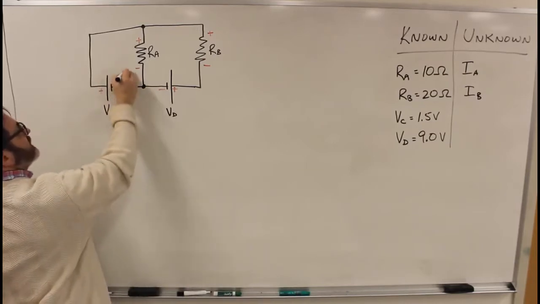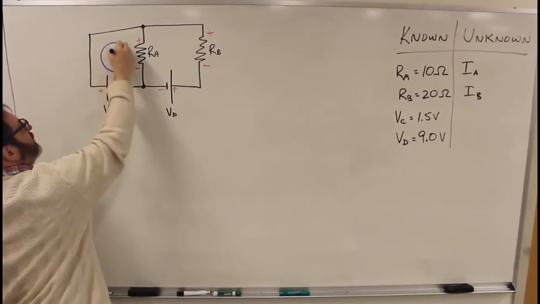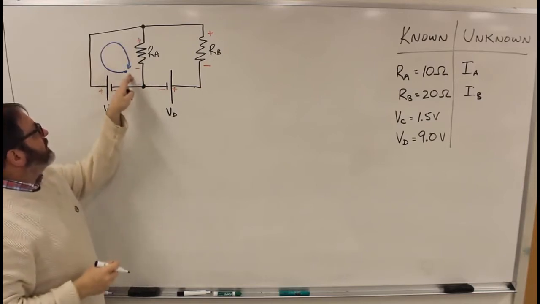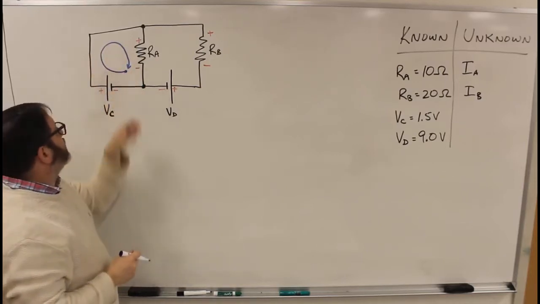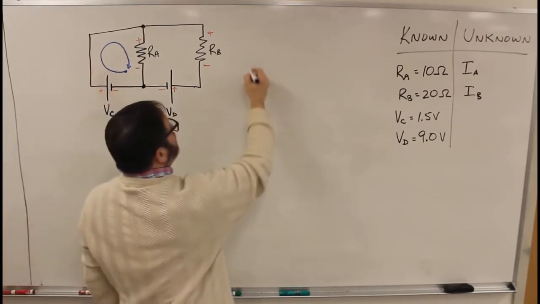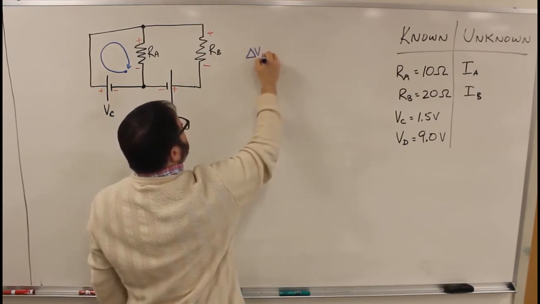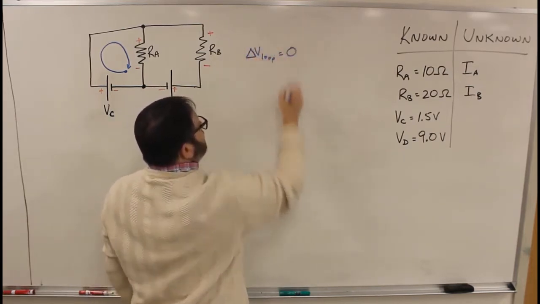So if I start here and go around this loop clockwise, the loop rule says delta V in a loop is 0 volts.